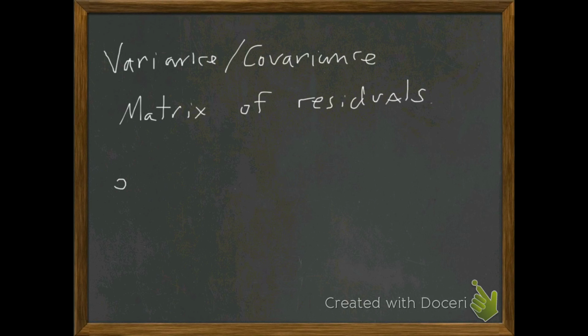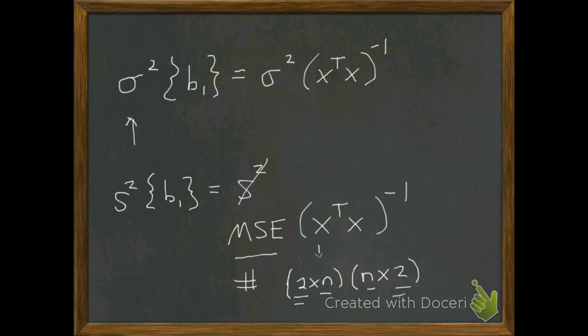Just a little bit of manipulation here. We know, again, in the simplest case, that this can be y minus hy, right? Let me go back and look at something here.